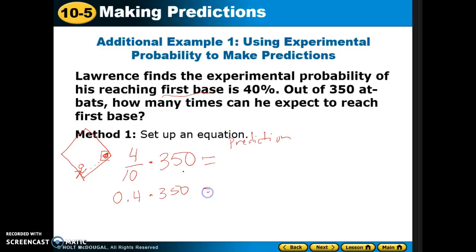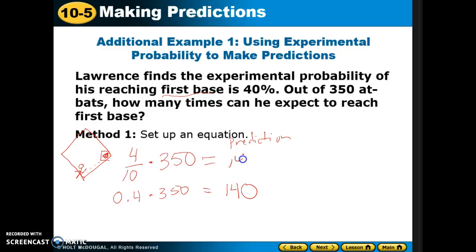Both of those are 40%, right? Then you can just use your nifty-difty calculator, which is so wonderful that I let you use one because I am so nice. And so I do 40% or 0.4 times 350 equals 140. On this one, I do 4 times 350 divided by 10 equals 140.